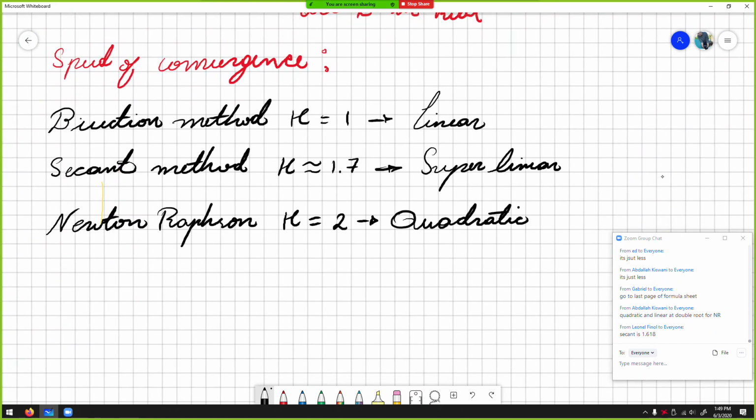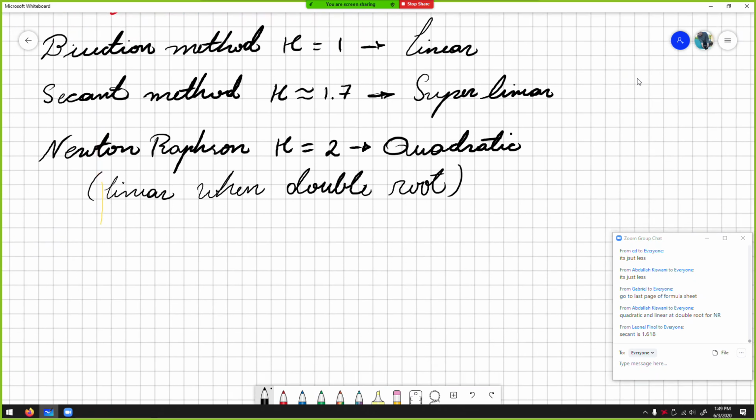The Newton-Raphson. It becomes linear. Okay, perfect, thank you. Just for a double root. That's an add-on for everybody. I don't think they're going to ask you that on the exam, but it's good that you know it. It's a very specific question. Thank you for adding that.